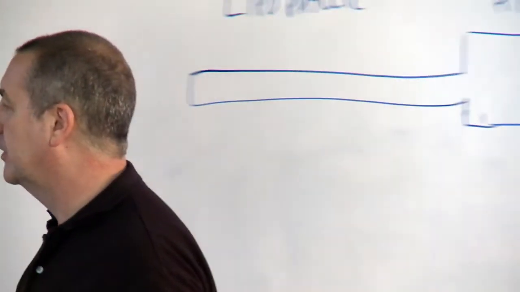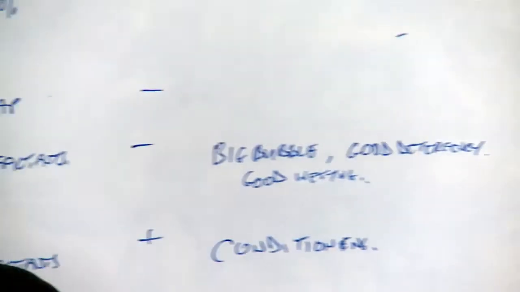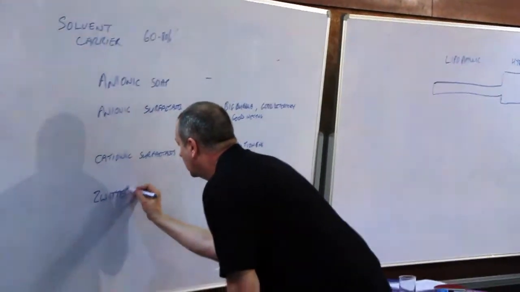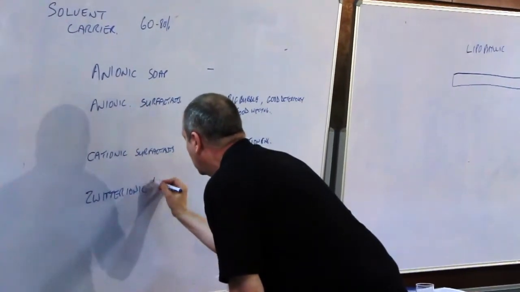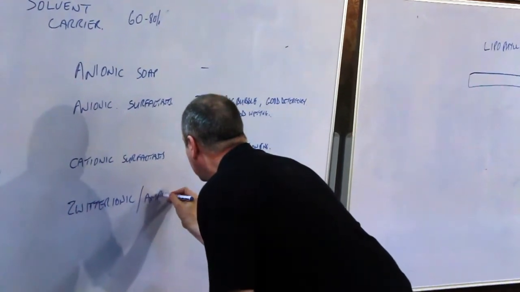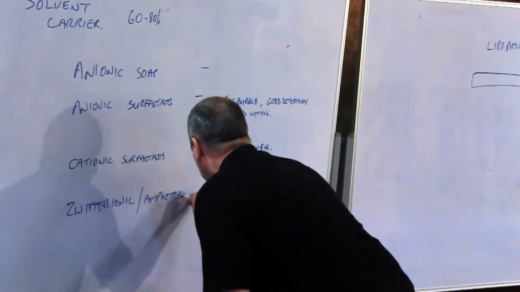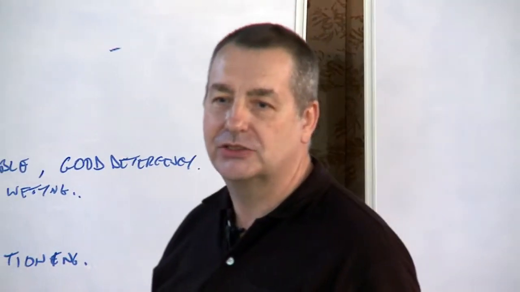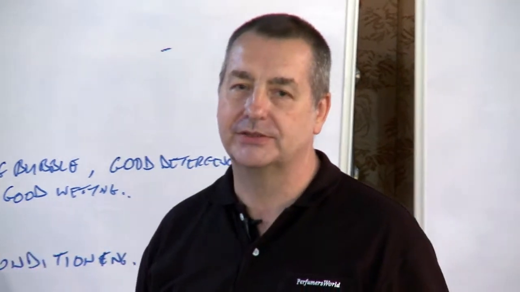The next group of surfactants we get are called zwitterionic or amphoteric. I don't know why the change in name. 20 years ago they used to be amphoterics. Now they're all called zwitterionic. Zwitter is German for switch, switch their ions.